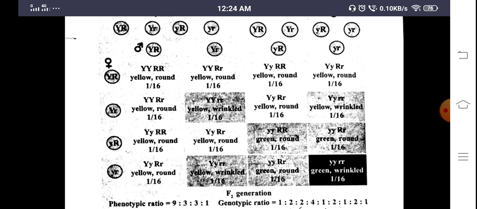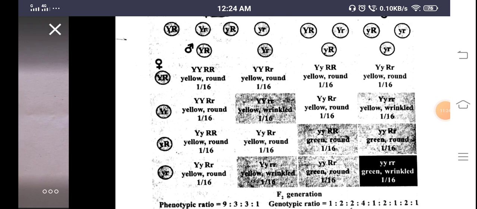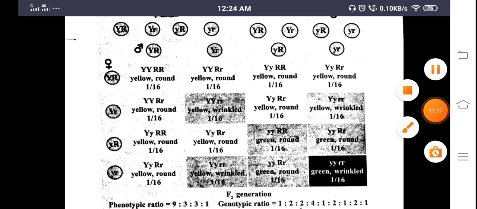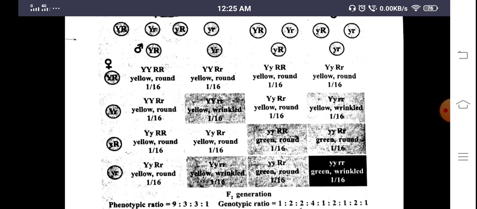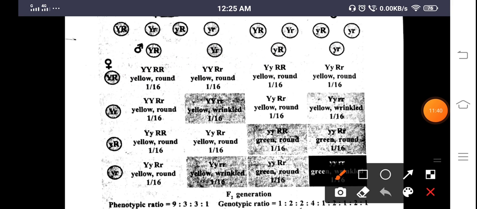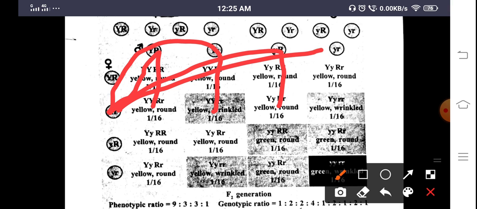So we get like this; we have to cross and we get like this. In the same way, the second female gamete also gives like this. So this is the second row.